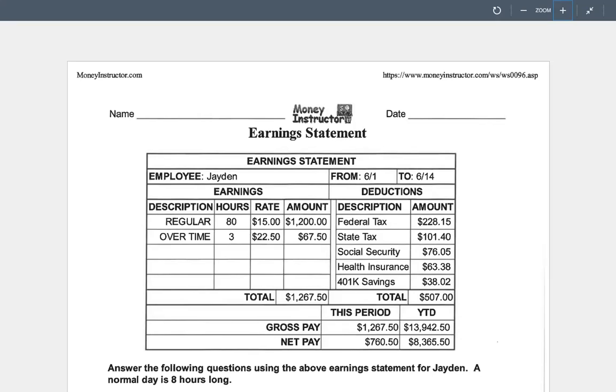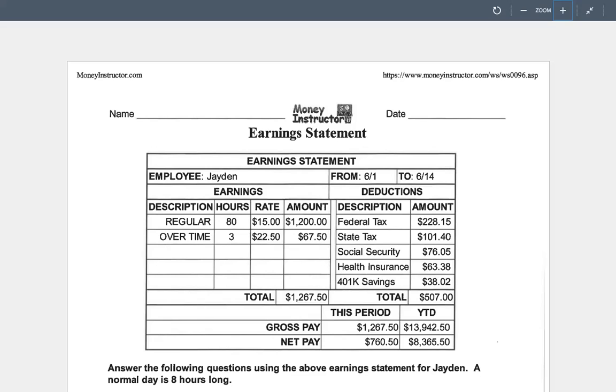Now, every pay period, these amounts will differ because typically Jayden's hours may differ. They may be the same, but if his gross pay goes up or down, then the amount that's taken out could go up or down.